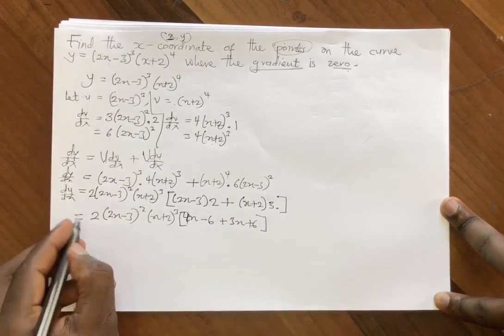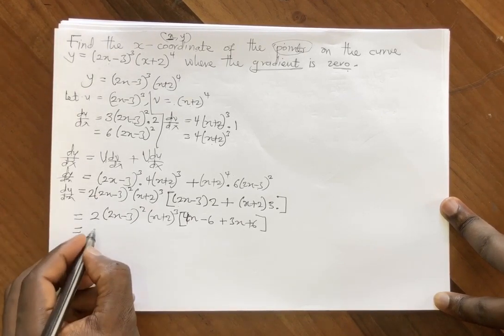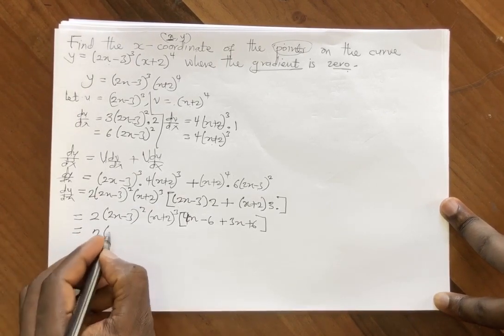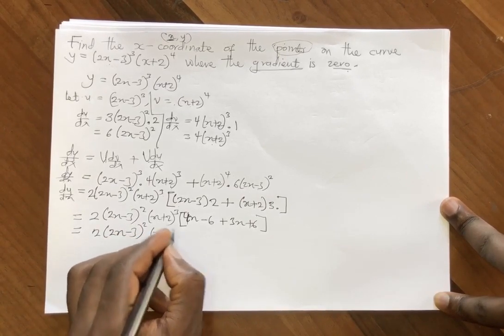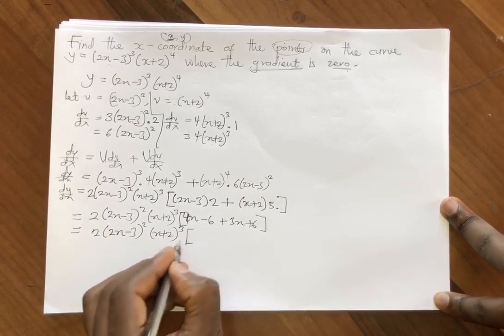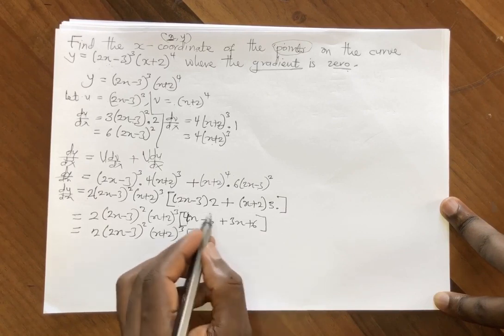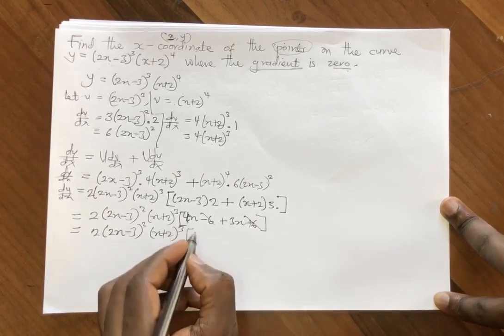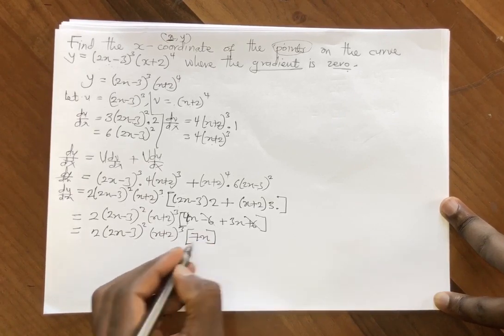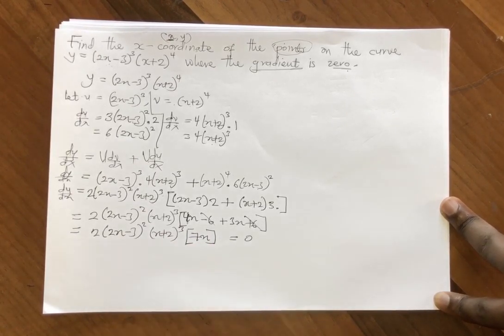All right, then we finally clean up. So we have 2, this, (x + 2)^3, all right? Now this is negative 6, positive 6, so they cancel out. So this plus that will give us 7x, okay.